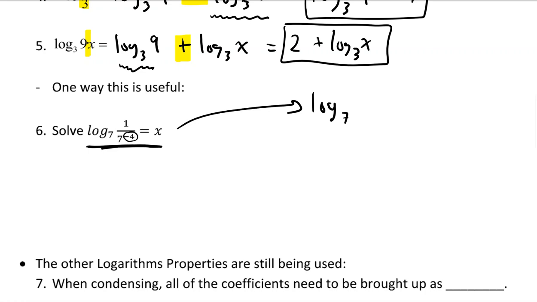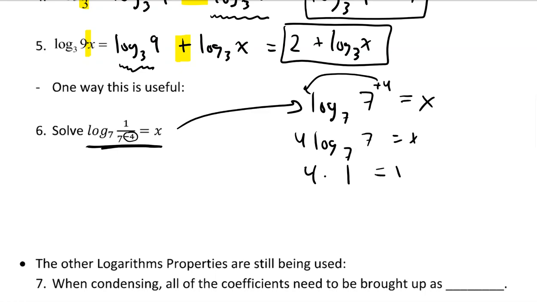An exponent of -4 in the denominator is the same thing as an exponent of +4 in the numerator. And then 4 is an exponent on something we're taking the log of, so 4 can come down out front. Seven to the first gives me 7, so it looks like the answer to this question is 4.